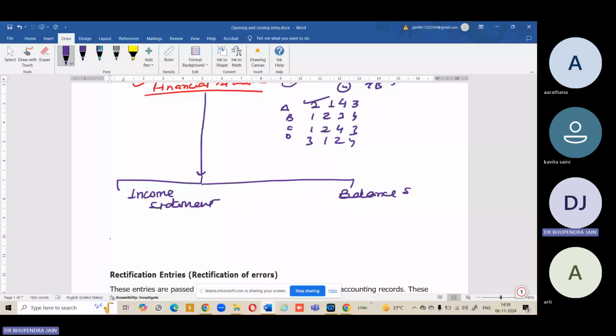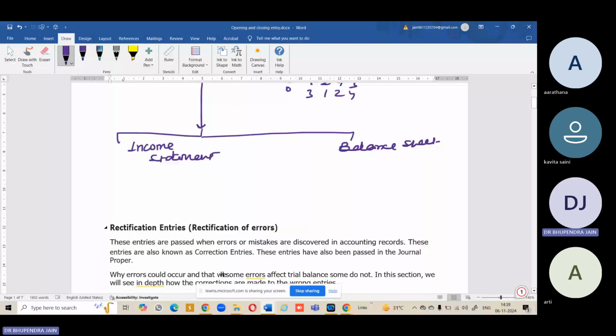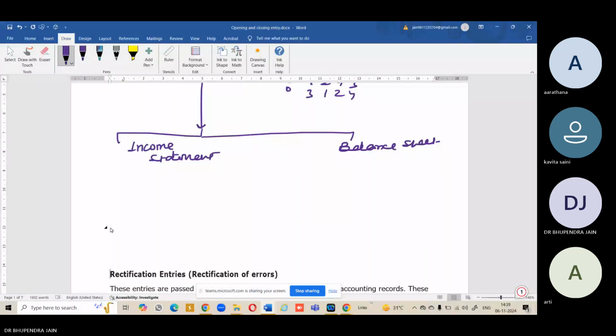When can we prepare the financial statement? After preparation of trial balance. Under the income statement, we will prepare two types of statement.